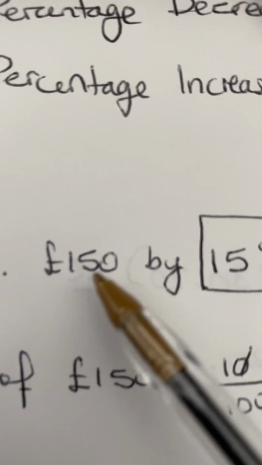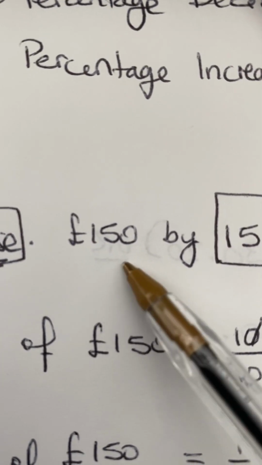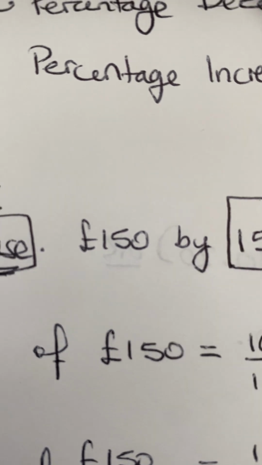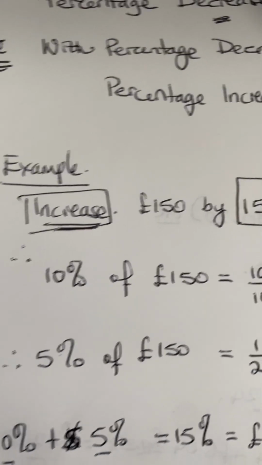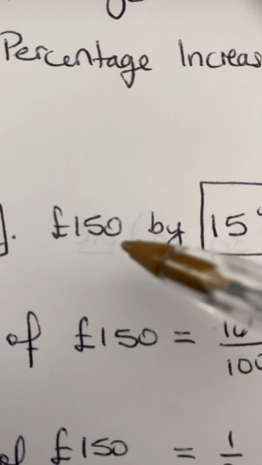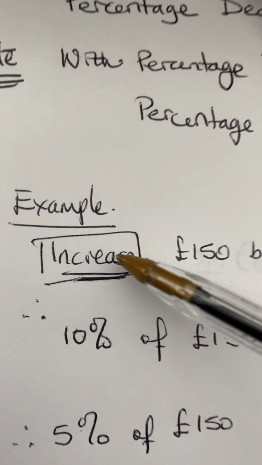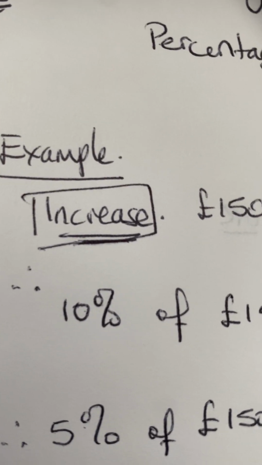So you can use 0.15, multiply this number on the calculator, and then whatever you get, you add it back to 150. That will be your percentage increase value.